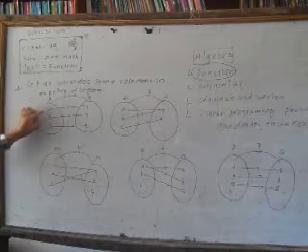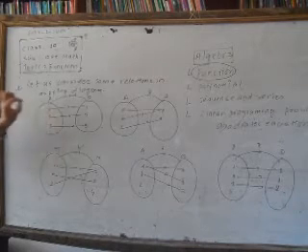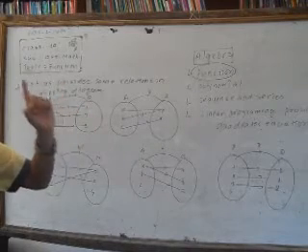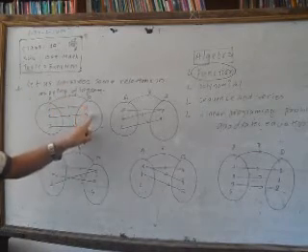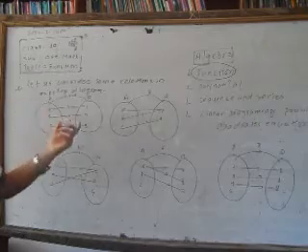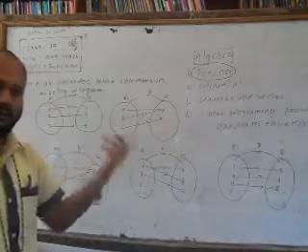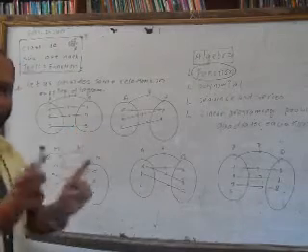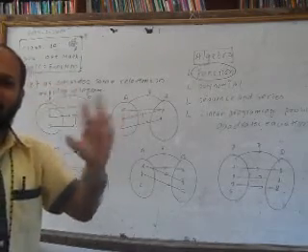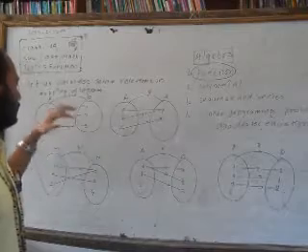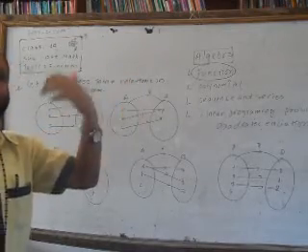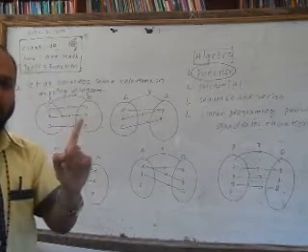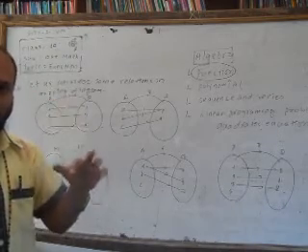Each and every element of the first set must map with a unique, that is single, element of the second set, then only it is a function, otherwise it is not a function. So here this follows the rule. What is the rule? Each and every element of the first set maps with a unique element of the second set. Mind it, this is the main condition to be a function.